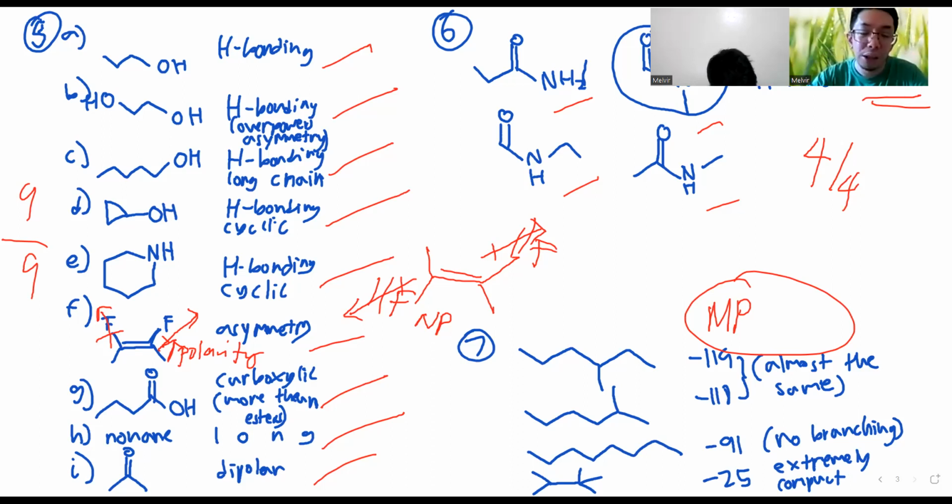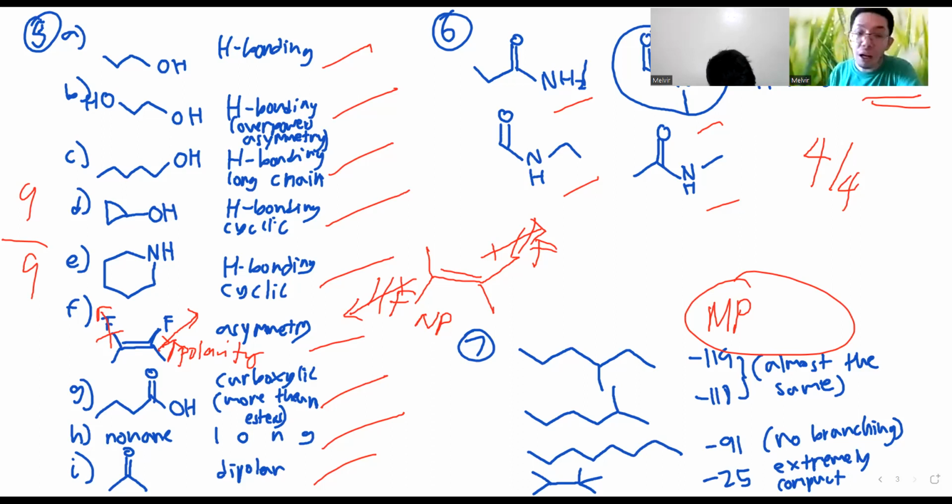Bumubuo ka ng solid. So ano ba yung nagiging interaction nila as a solid substance? So these molecules, since they are compact due to branching, they can easily form amorphous solid. So kapag ganun, a more stable amorphous solid. So therefore, they will have higher melting point.